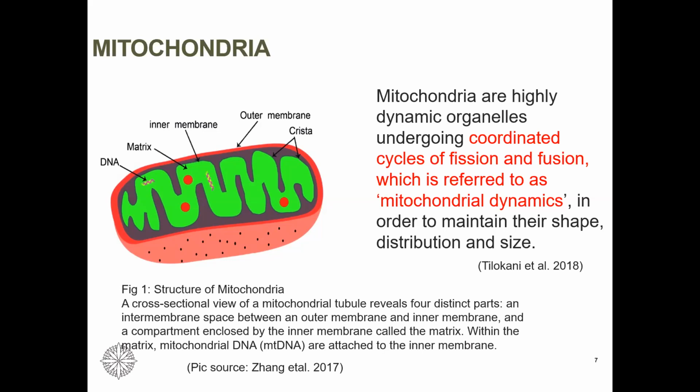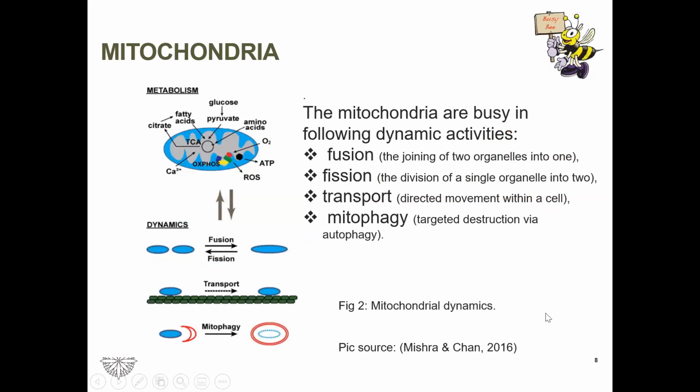Anybody? Okay, we have somebody in the chat box. Yes, Tracy, ATP production is the main activity they are doing, but in doing so, they are actually supporting various aspects of our human body.